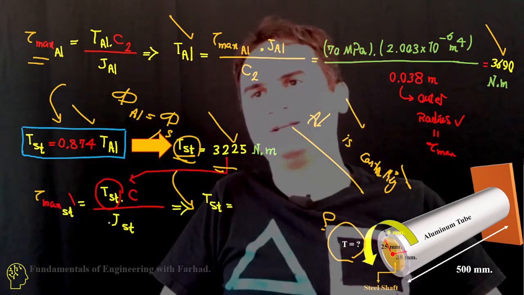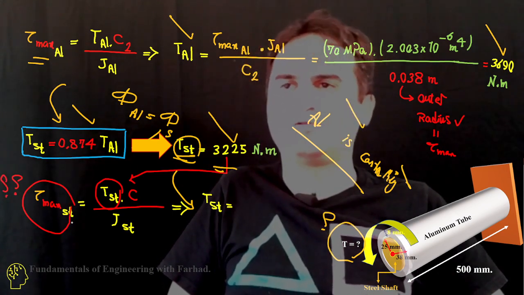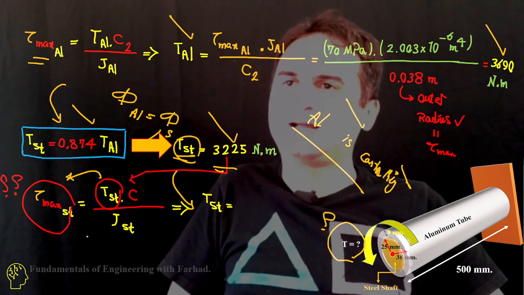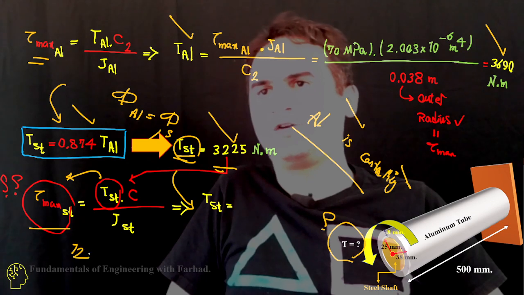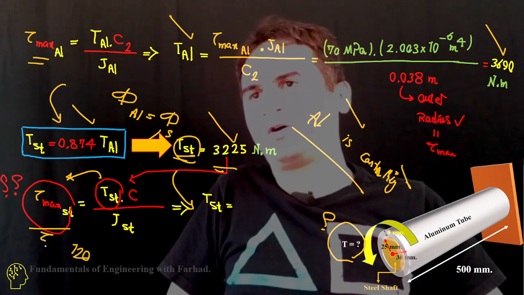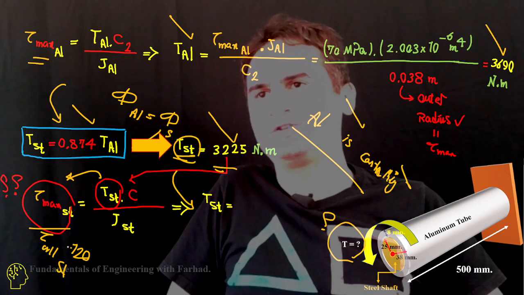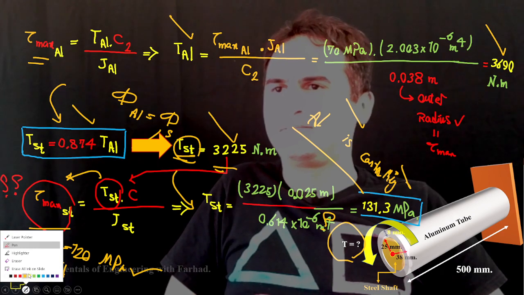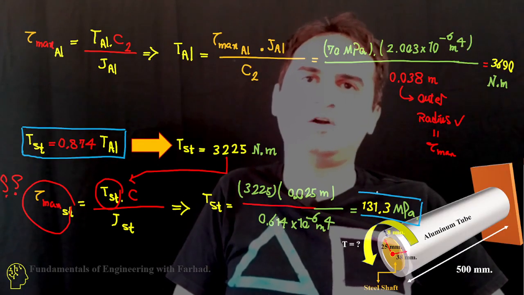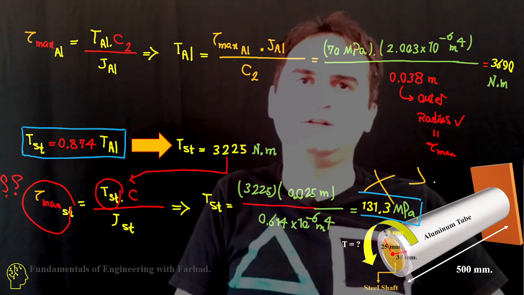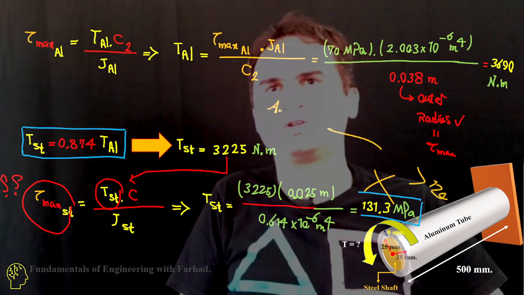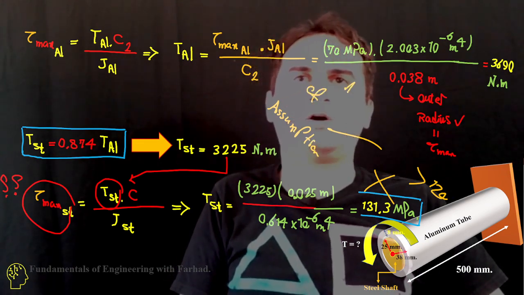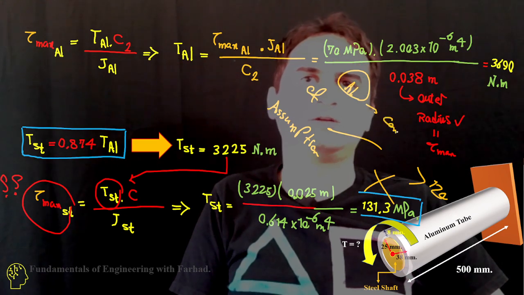If you replace that in the equation, we calculate tau maximum for the steel and compare it with 120, the tau allowable for steel. If you do the math, it gives you 131, which is definitely larger than 120. So the assumption that aluminum is controlling was not right.